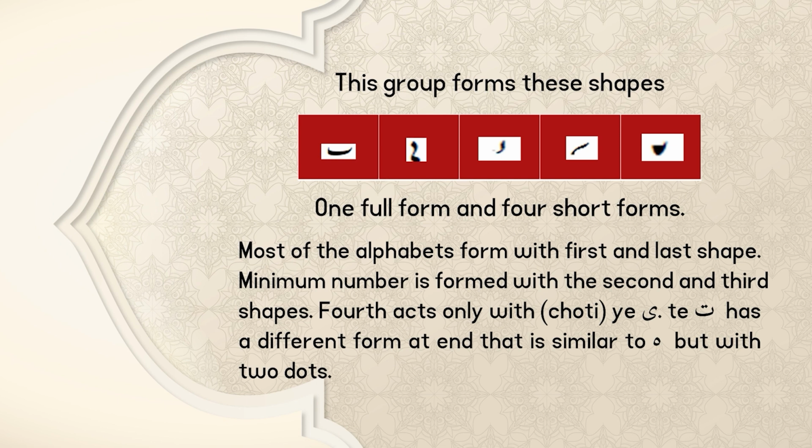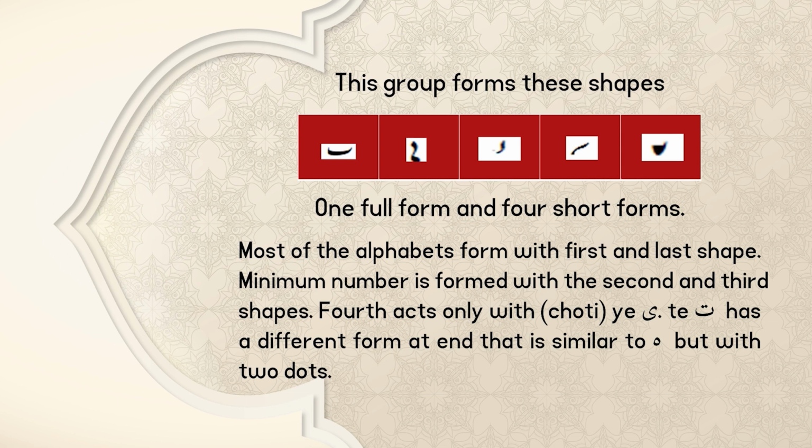You will learn and remember them at their place. There is one full form and 4 short forms. We can see at the end there is one full form and the rest are 4 short forms.